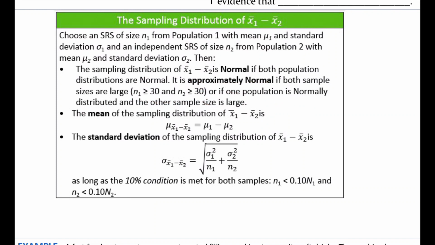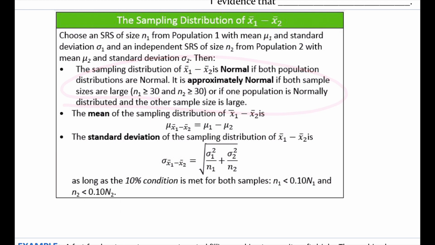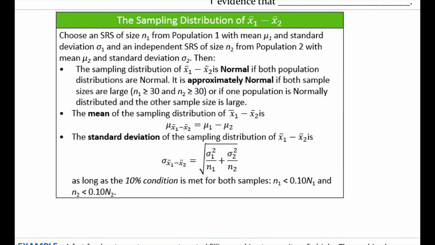Okay, the mean and the standard deviation. This is our condition number 3, and this is condition number 2 right here. And then an independent SRS is a condition that has to happen for any of these to work.